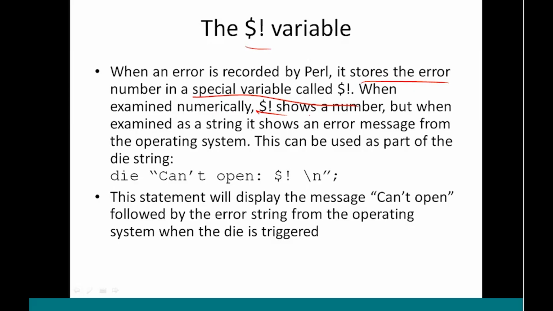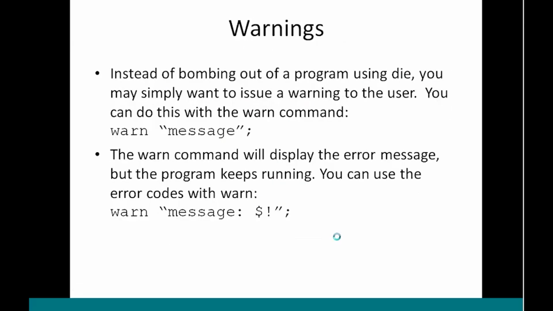We can use this as part of the die string, like: can't open, then $! with the newline. This statement will display the message can't open followed by the error string from the operating system when the die is triggered.